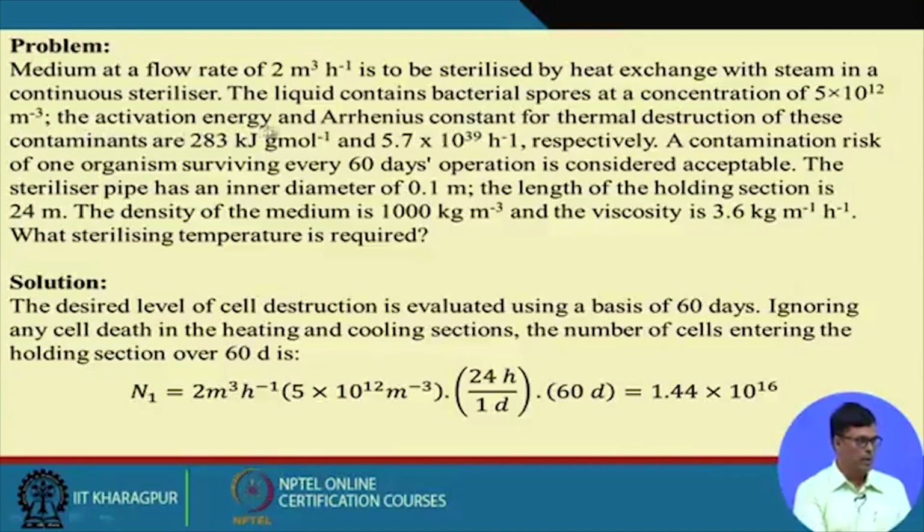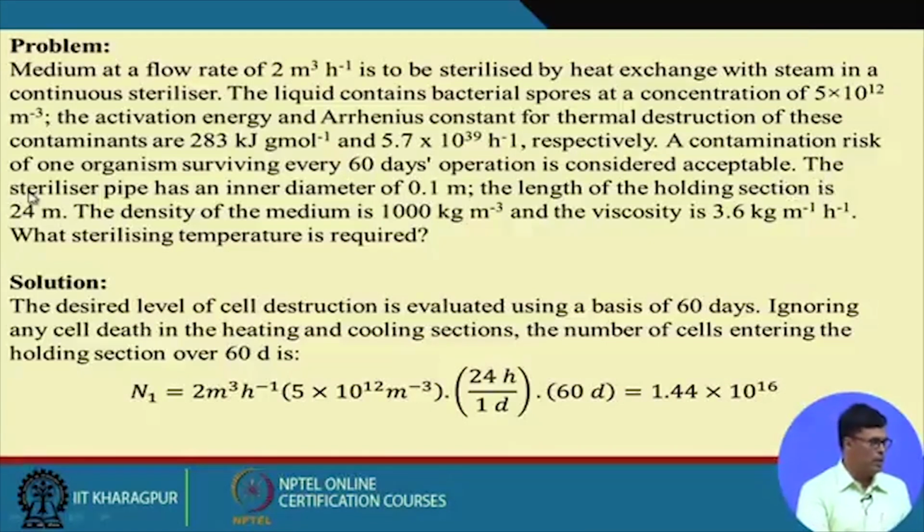The activation energy and Arrhenius constant for thermal destruction of these contaminants are 283 kilojoule per gram mole and 5.7 × 10^36 per hour respectively. A contamination risk of one organism surviving in 60 days of operation is considered acceptable.